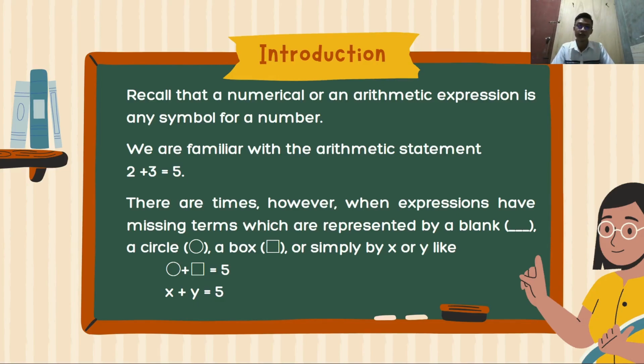Now, there are times, however, when expressions have missing terms which are represented by a blank, a circle, or a box, or simply by X or Y. For example, circle plus box, or blank plus blank is equal to 5. Or perhaps we can use X plus Y is equal to 5.